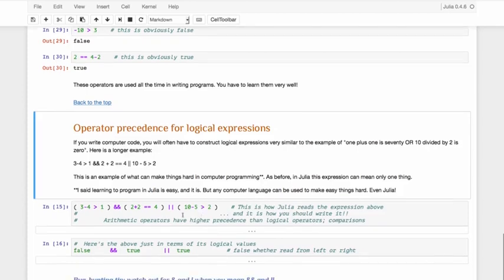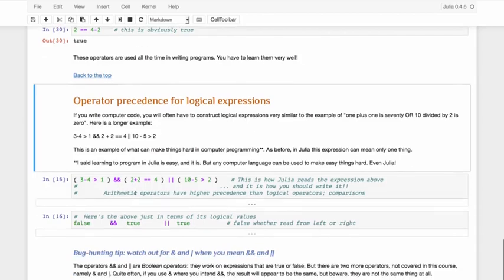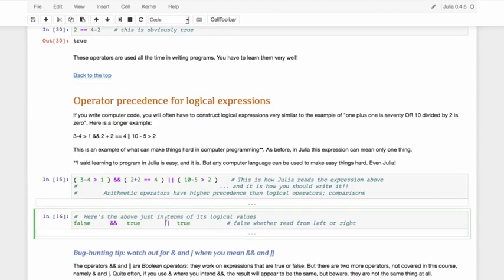So, if we do this, we see that 3 minus 4 is minus 1, so this is false. 2 plus 2 equals 4 is true. 10 minus 5 is greater than 2 is also true. Now, we combine these. So, if we do that, then that's what we get.